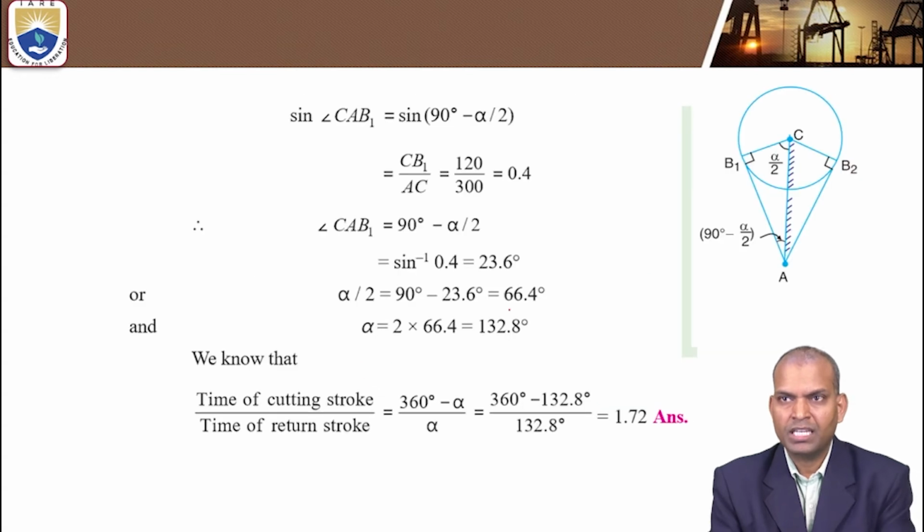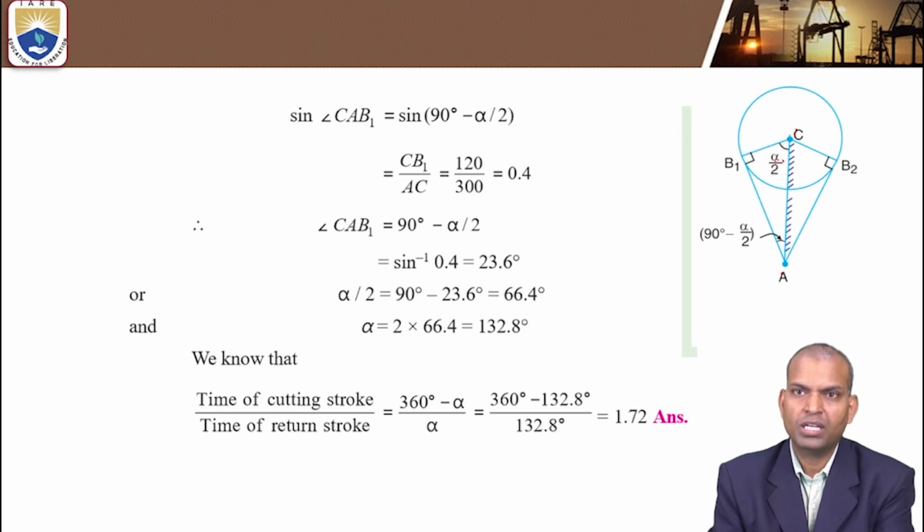Let us begin. That is AC. In the previous figure, it is O, and it is mentioned as P. Here it is A and O. No problem. This is alpha by 2. Different notation, but the purpose is the same. We want alpha by 2. How does it come? Sine of 90 degrees minus alpha by 2, or cos beta by 2 also.